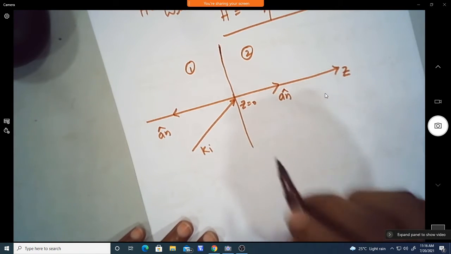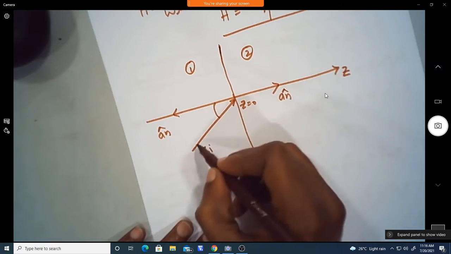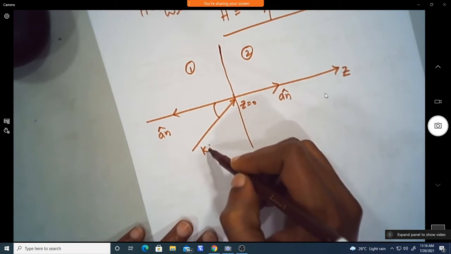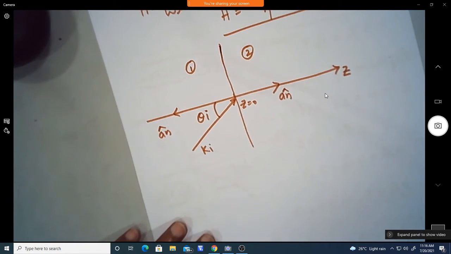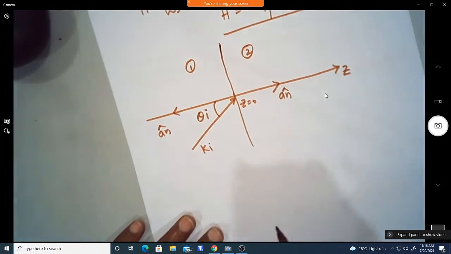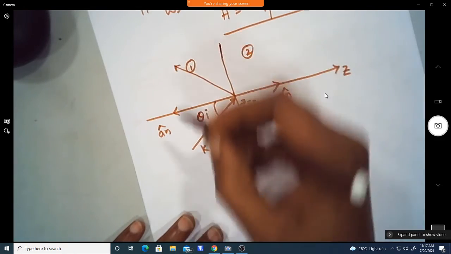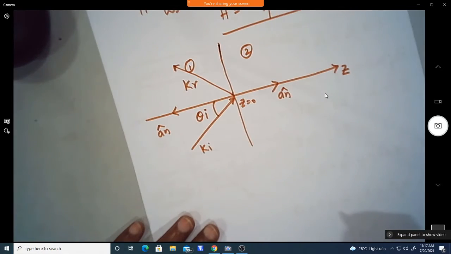Now the incidence angle is the angle between the unit normal vector and the incident propagation vector; we will call it the incident angle, theta i. Since medium 1 and medium 2 have different characteristics, we will have a reflected propagation vector, kr.